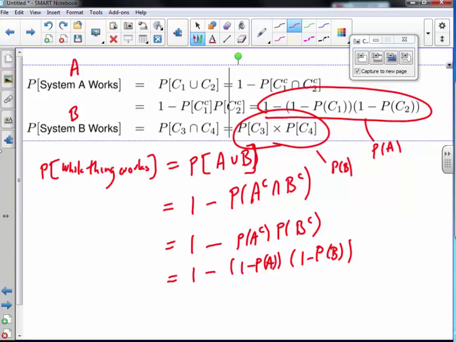So essentially, you can work very complex diagrams like this by finding the probabilities of each of the parallel branches, and then if they're in parallel, you find the probability they don't work using the properties of intersections and their probabilities. Okay, any questions then on probability?